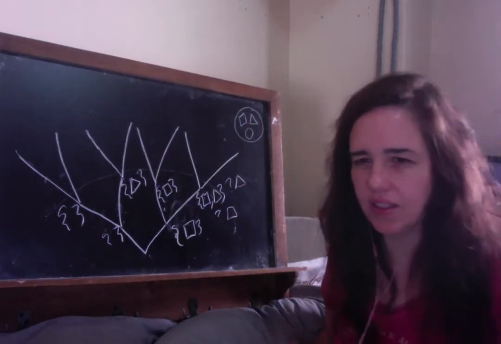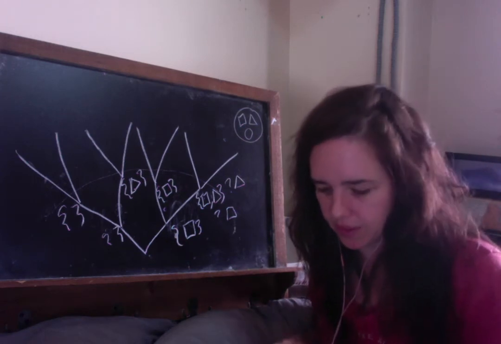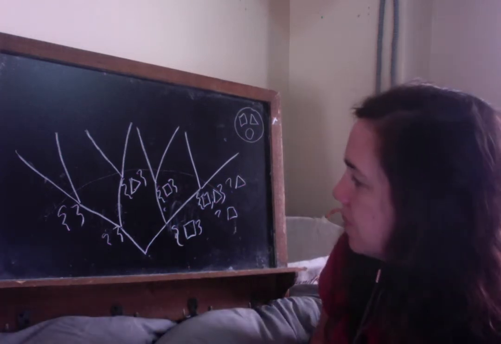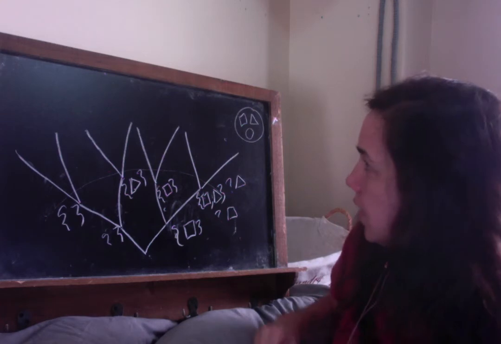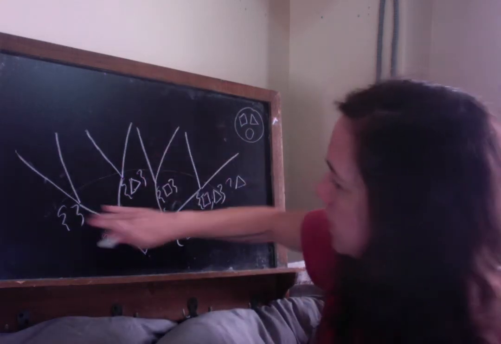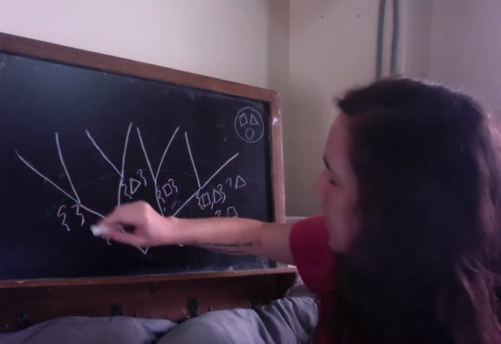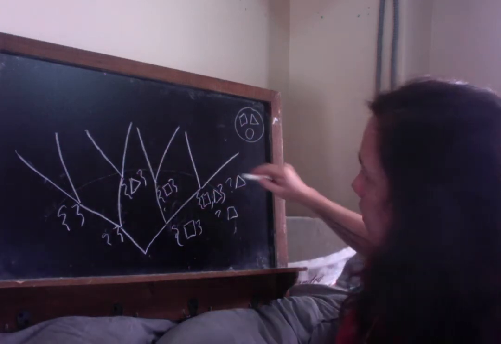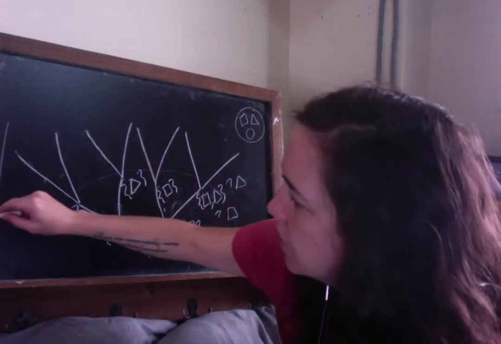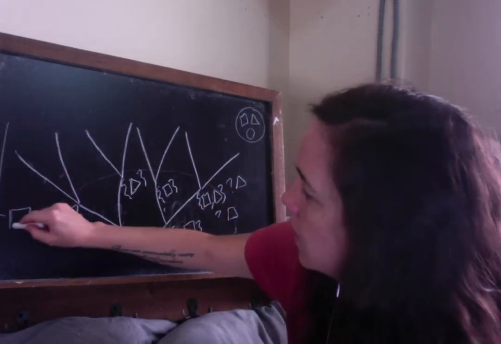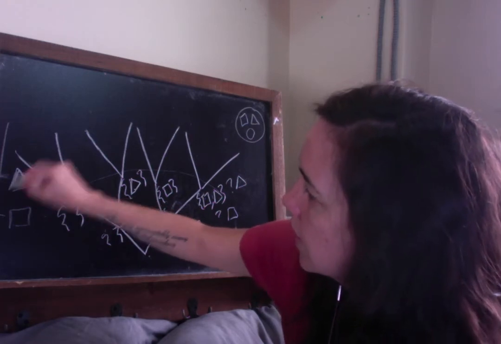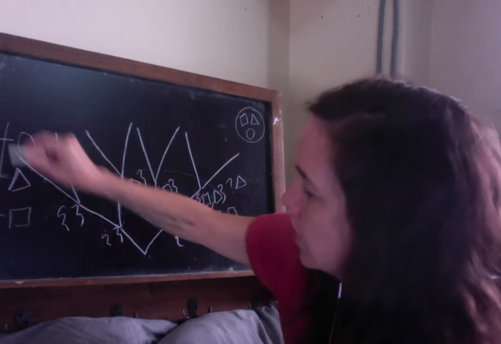Okay, now it's getting a little messy, so I'm going to replace these with binary numbers. Okay, and let's just keep track. We're going to say the first level is the square, the next level is the triangle, and then the circle.